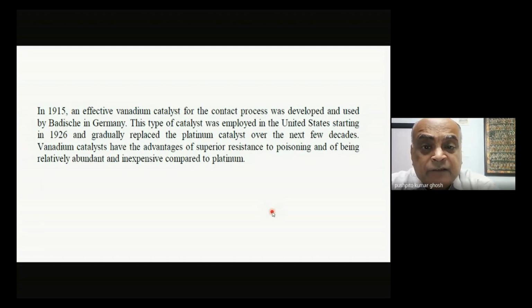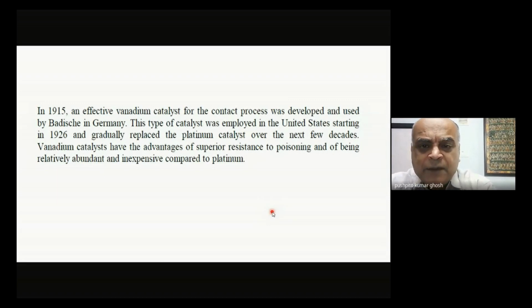In 1915, and mind you, 1915, although some of the original work had been done at the end of the 19th century, it was really in the early part of the 20th century that the process began to get commercialized. Interestingly, the Haber process and the sulfuric acid contact process based on vanadium catalyst happened more or less around the same time. And by who?